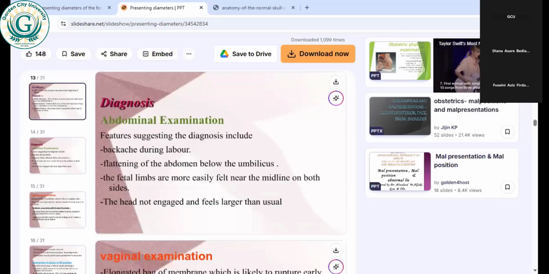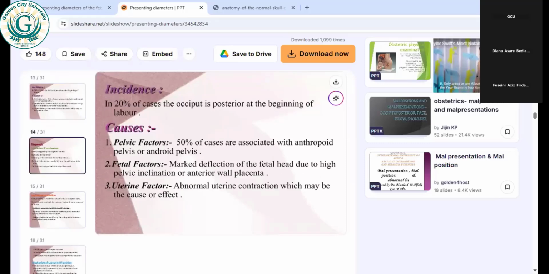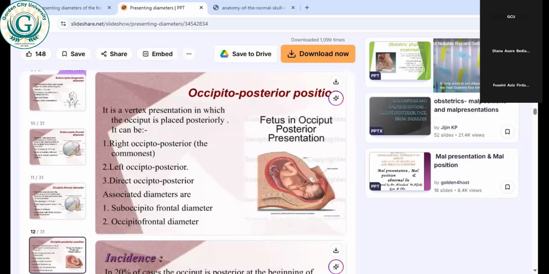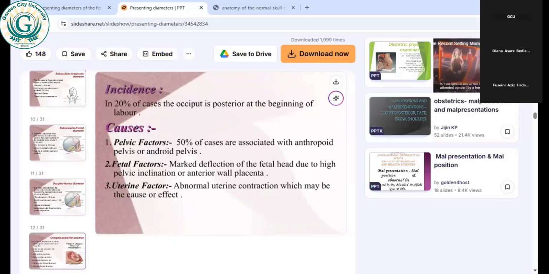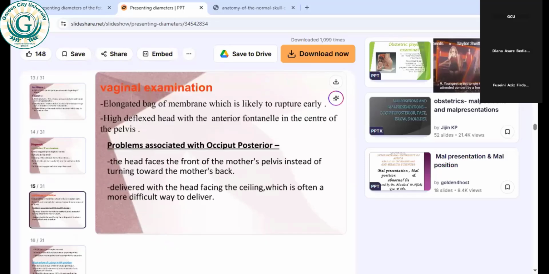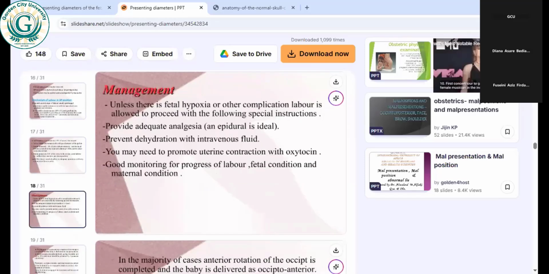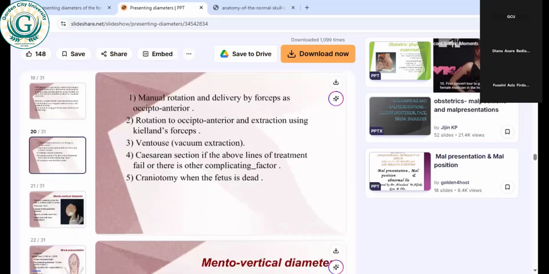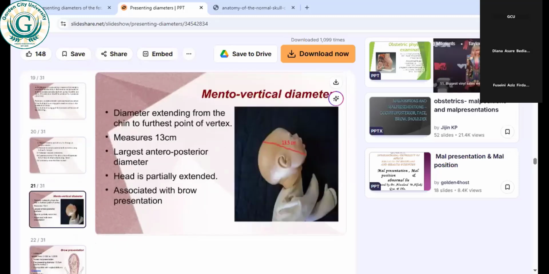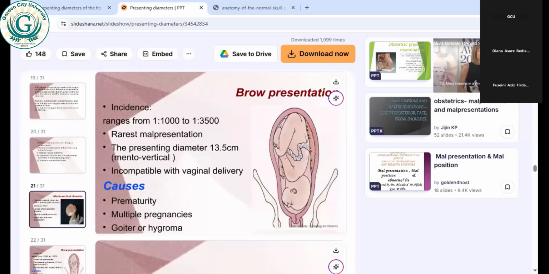So the face presentation. When the head is completely extended, the presenting diameters are the submentobregmatic, which is 9.5, and the bitemporal, which is 8.2, part of the transverse diameter.